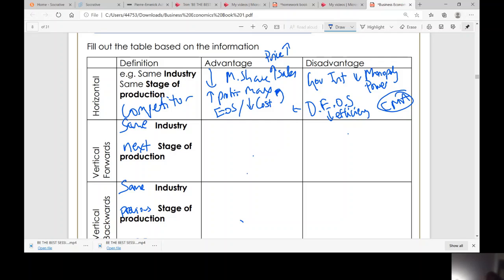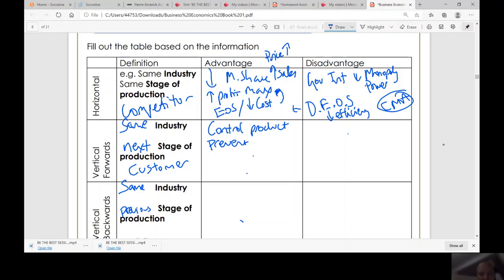If you buy one of your customers, so vertical forwards integration, what that allows you to do as a business is to control your product. And this would allow you to prevent discounting.